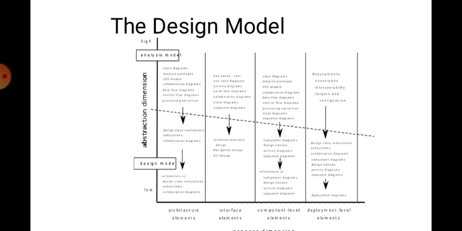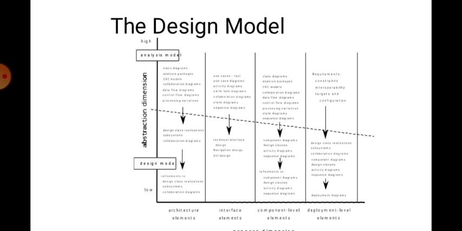There is one clear dashed line between the analysis model and the design model. At the very top you have the analysis model, which speaks about a high level of abstraction. At the bottom you have the design model, which speaks about a low level of abstraction.